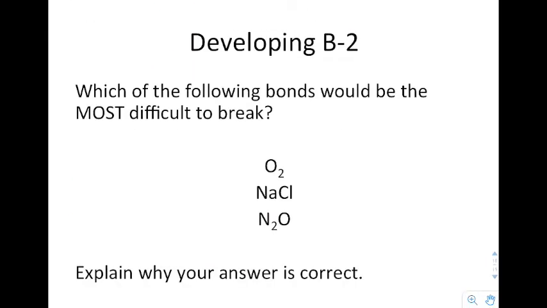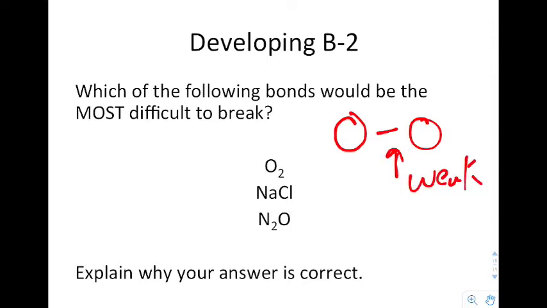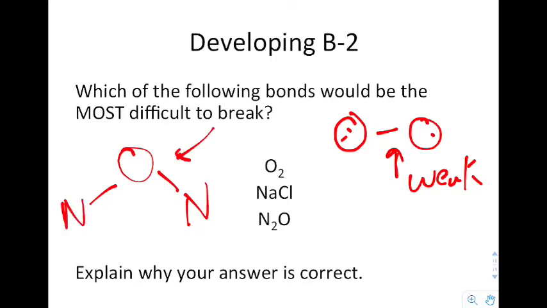So which of the following would be the most difficult to break? Remember, an O bonded with an O would be a particularly weak bond, because you have the same substance on either side. Next, you have an oxygen bonded with a nitrogen. These are different substances, but it's still a covalent bond, and this would be the most difficult to break.